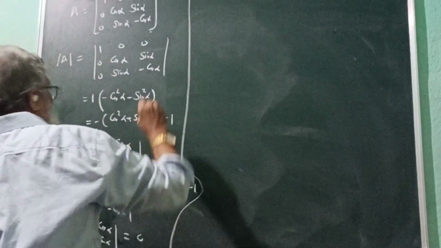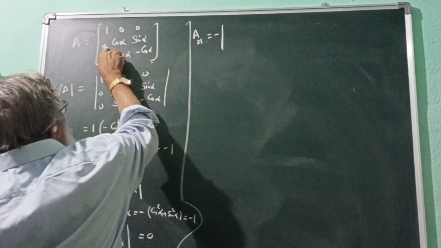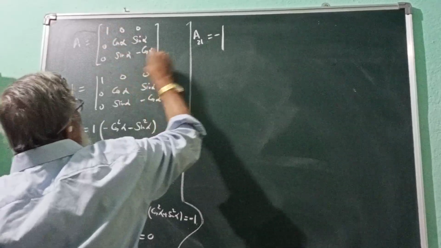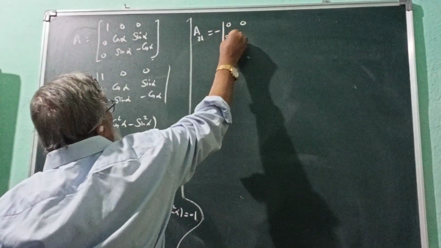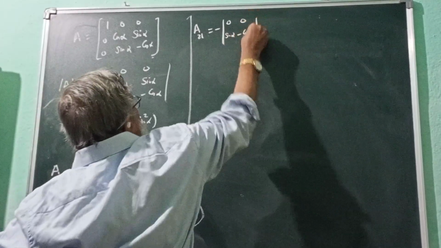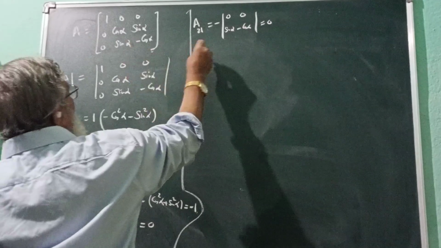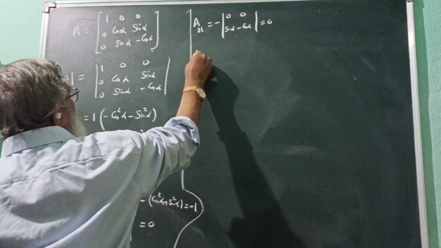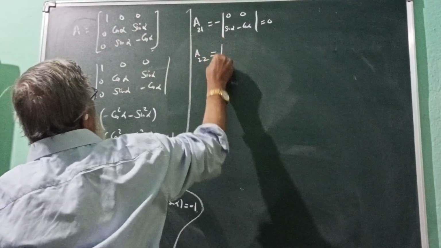Next, the second row, first column. The sign will be minus. Delete the row, delete the column: 0, 0, sin alpha, minus cos alpha. Again the value will be 0 because one complete row is 0. Now the second row, second column: the sign will be plus.